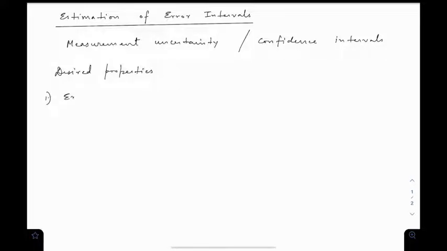First of all, error intervals should contain the true parameter with a fixed probability.